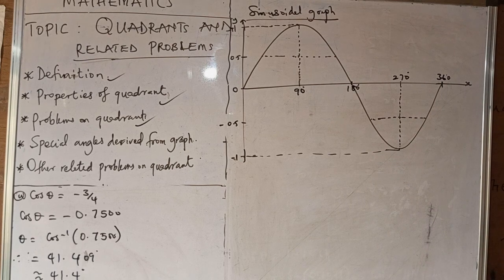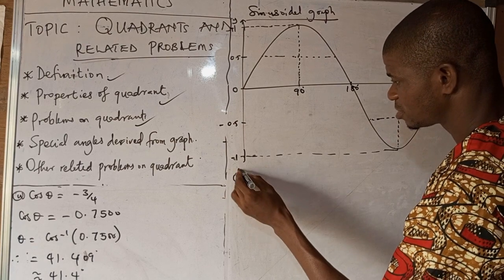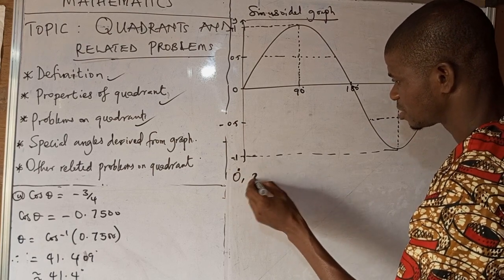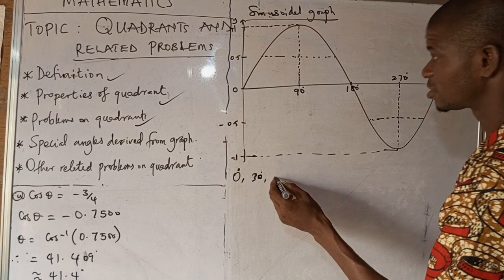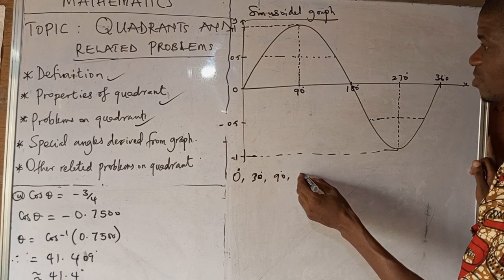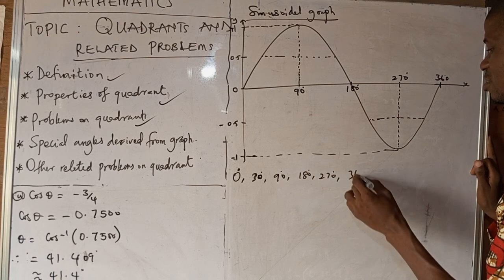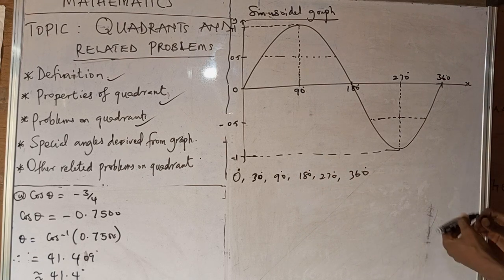So we are going to look at the angles 0 degrees, 30 degrees, 90, 180, 270, and 360 degrees. This is only for sine.